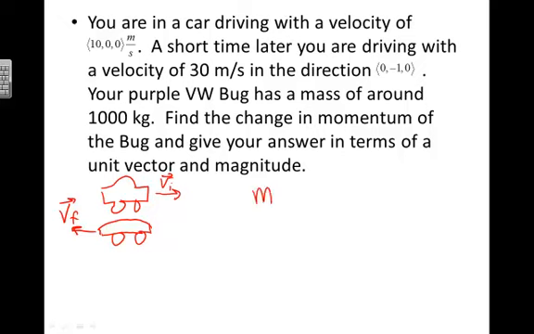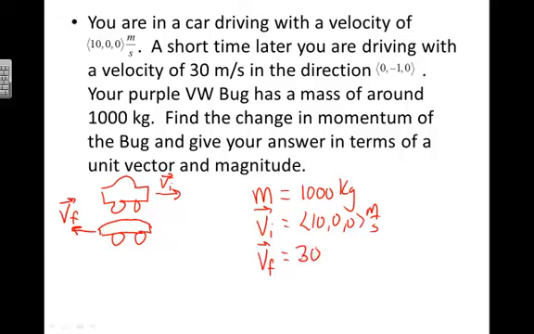So the mass of the bug is 1,000 kilograms. The v initial is <10,0,0> meters per second. V final, I'm just going to combine these as 30 meters per second times <0,-1,0>. And what we're trying to find ultimately is delta P.